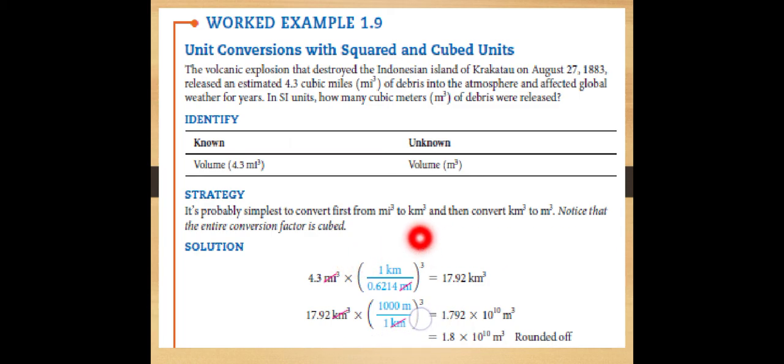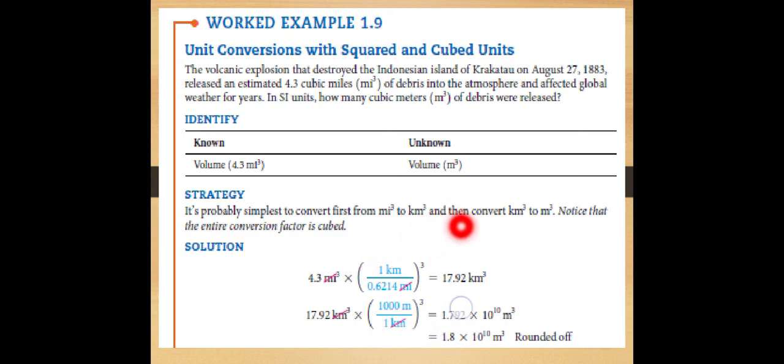Then we have to apply another conversion factor, 1 kilometer is equal to 1000 meter, because we have to convert the unit into meter cube. For getting the unit in cubed, we have to take the cube of this conversion factor as well.